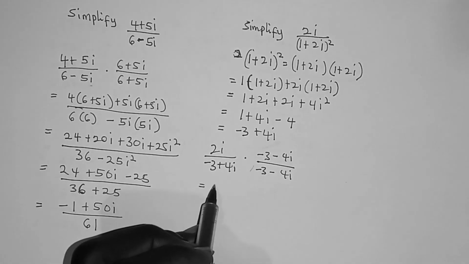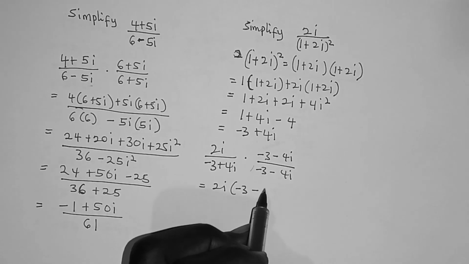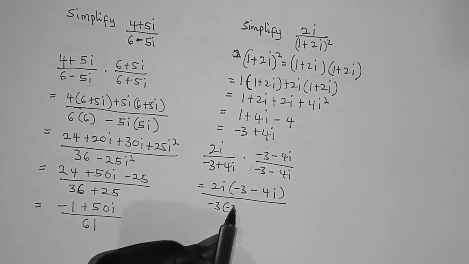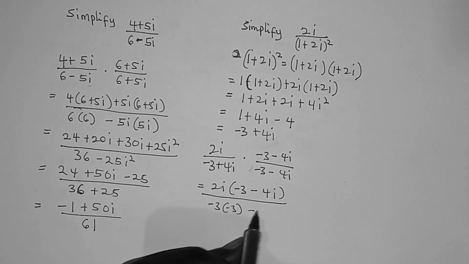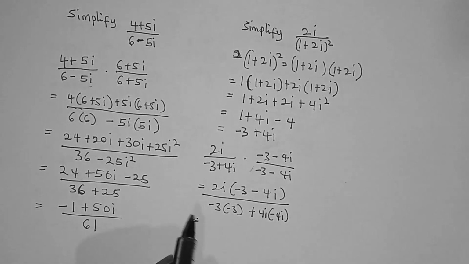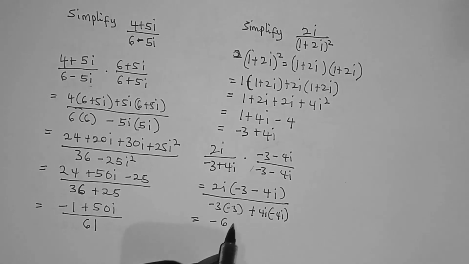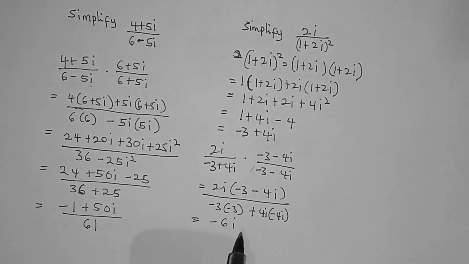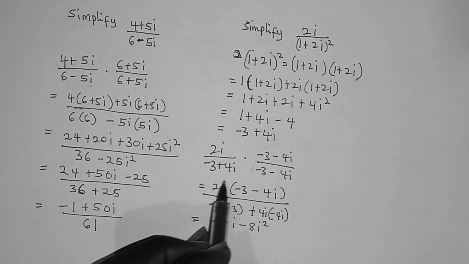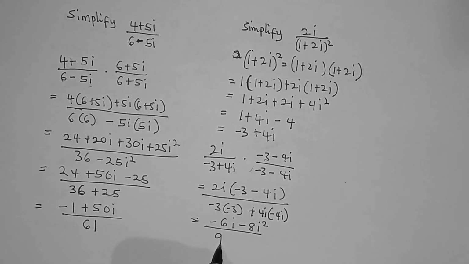So this is equal to 2i times minus 3 minus 4i divided by minus 3 times minus 3, then plus 4i times minus 4i. And this is equal to 2i times minus 3 is minus 6i. Then 2i times minus 4i is minus 8i squared. Divided by minus 3 times minus 3 is 9.